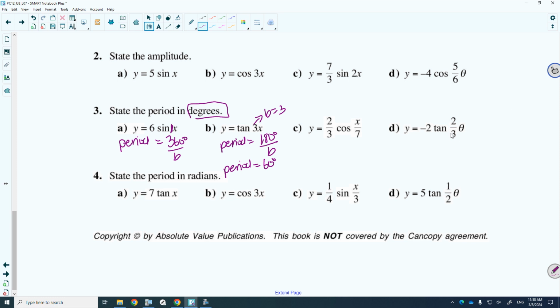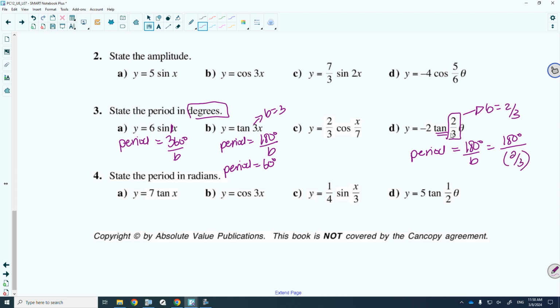This one, again, is a tan graph. So the formula for period is not 360 divided by b, it's 180 degrees divided by b. That would be 180 degrees divided by 2/3.